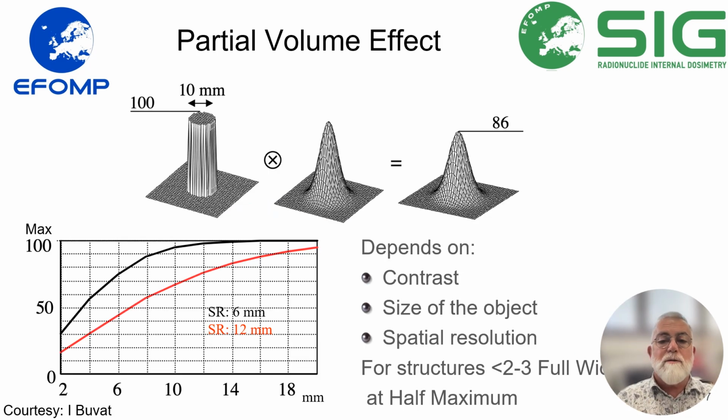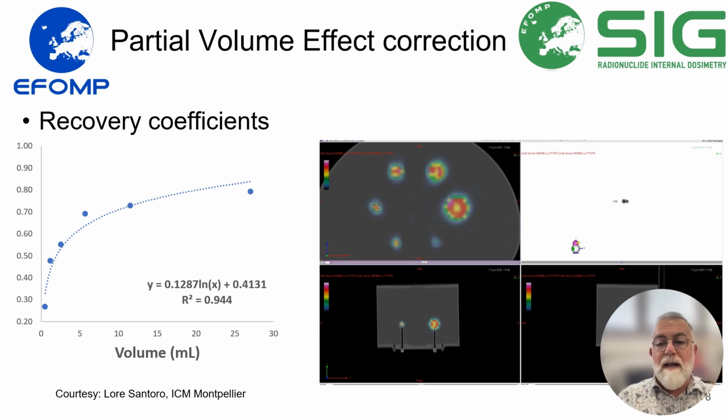This is a description of the partial volume effect. You've seen that in the other webinars by Pablo Minguez-Gaviñas, so I'm not going to enter into the detail, but obviously you have to correct for partial volume effect, and this is how it's usually done, by using a JSEC phantom with spherical sources of different volumes, and you're doing a contrast recovery curve with those sources of different volumes.